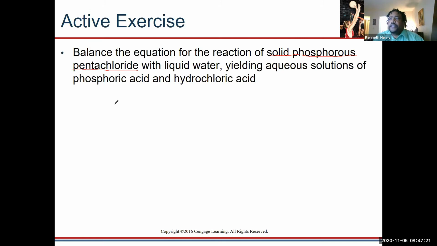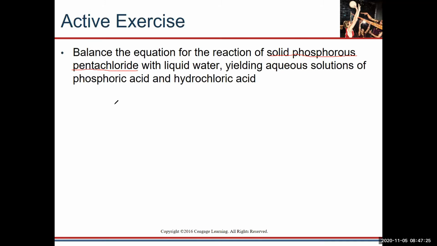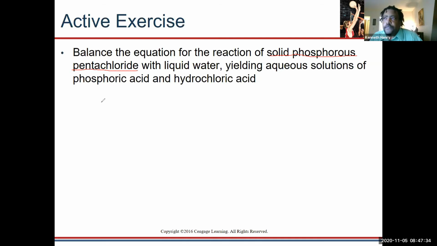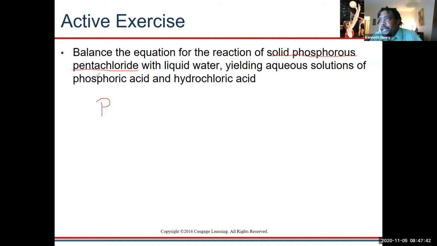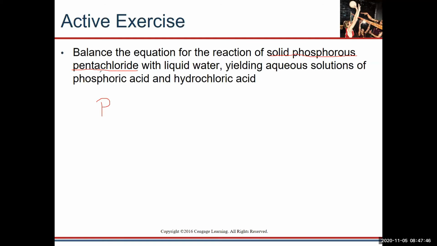Okay, what does that look like? What is the chemical formula for solid phosphorus pentachloride? I'm not sure. Take a guess. What does phosphorus look like? Phosphorus is just P. Okay, and then penta means what? Like a pentagram, or a 5. 5.